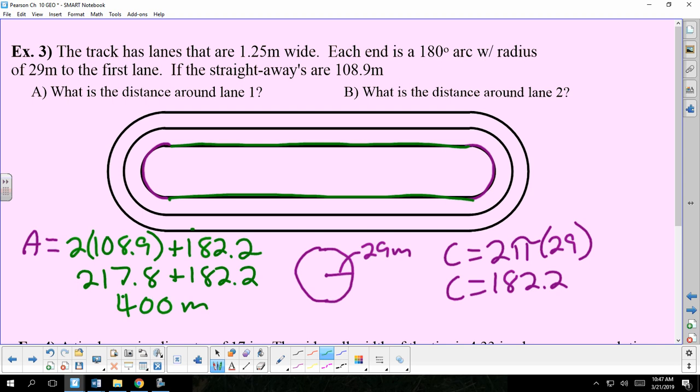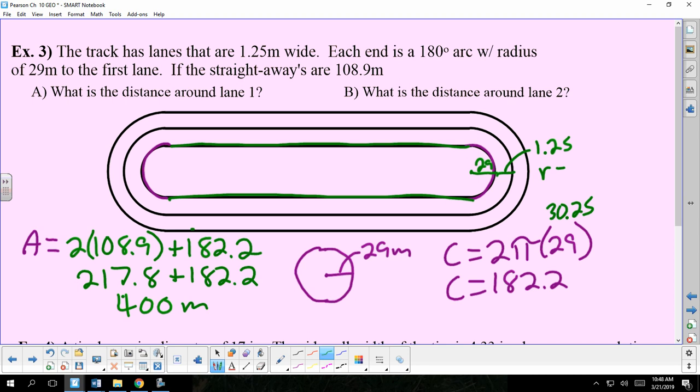What about lane 2? For lane 2, we're going to take the radius, which was 29, and add another 1.25 meters to that. So we change that radius to 30.25.